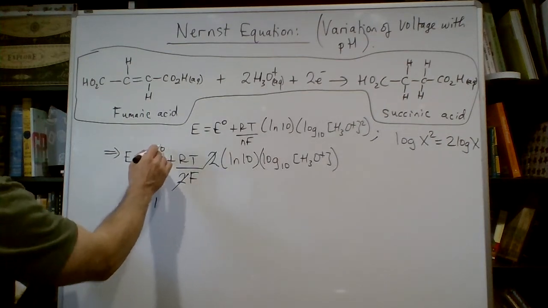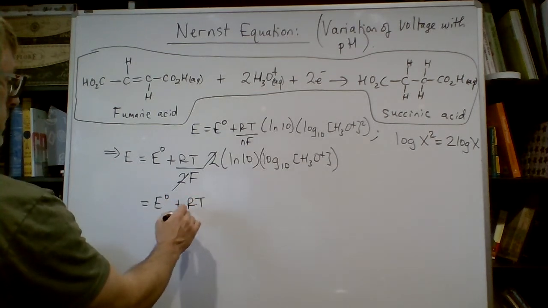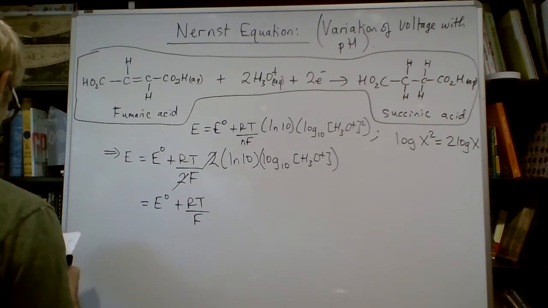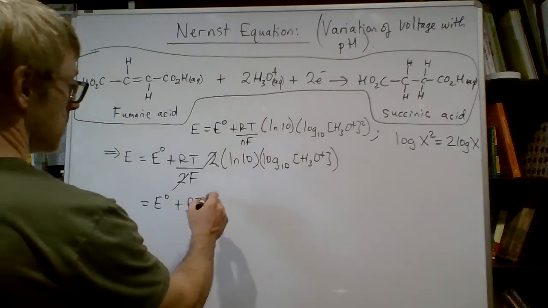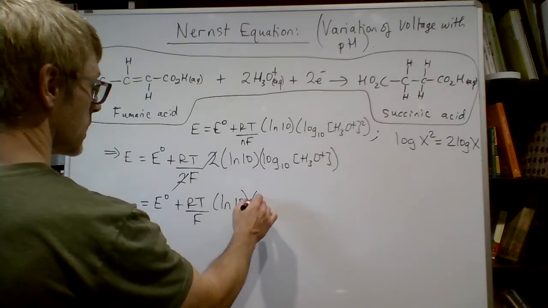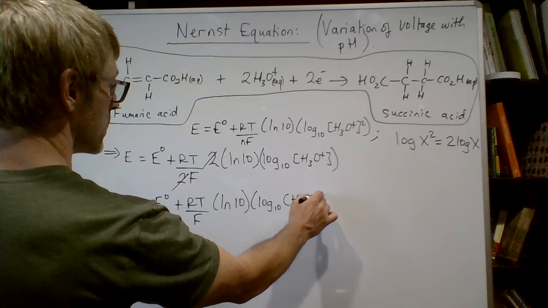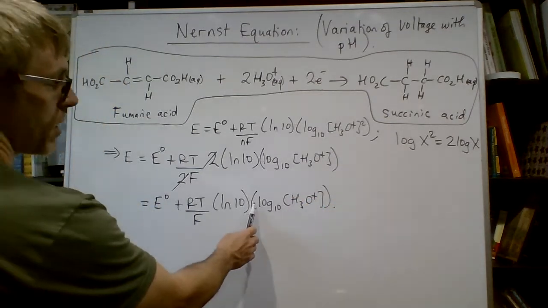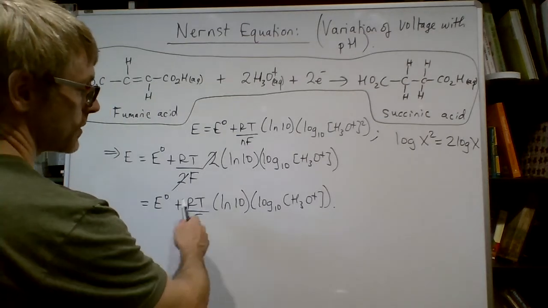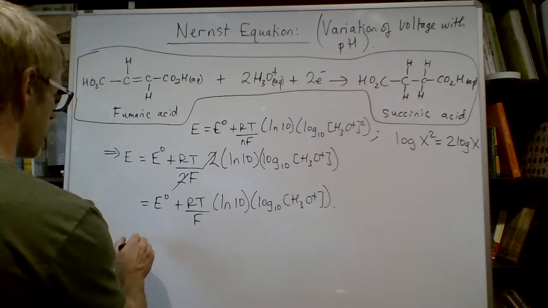So we've got, and there should be a standard there, E standard plus RT over F log 10 hydronium. Well, this is positive log 10 hydronium. I want the pH, so I need to multiply both sides by a negative. Let's write the negative here.